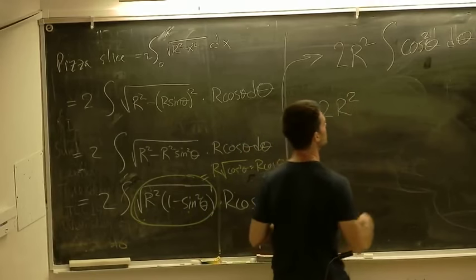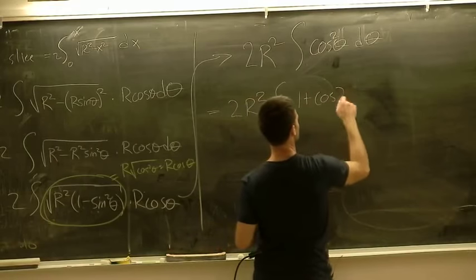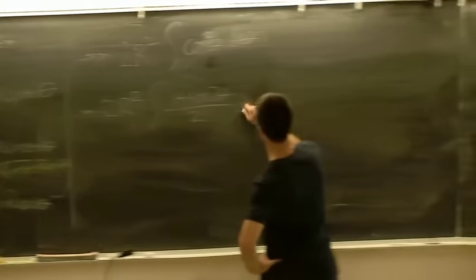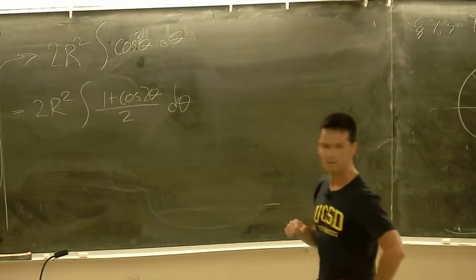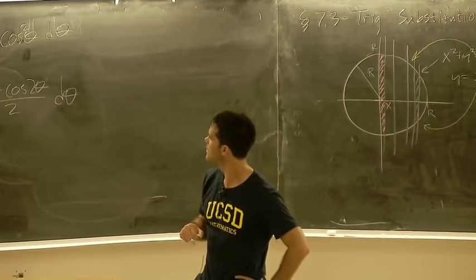This is a 2r squared cos squared, which we know how to integrate. That's 1 plus cos 2 theta over 2. Man, I feel like I made a mistake, though, because this is not the answer.